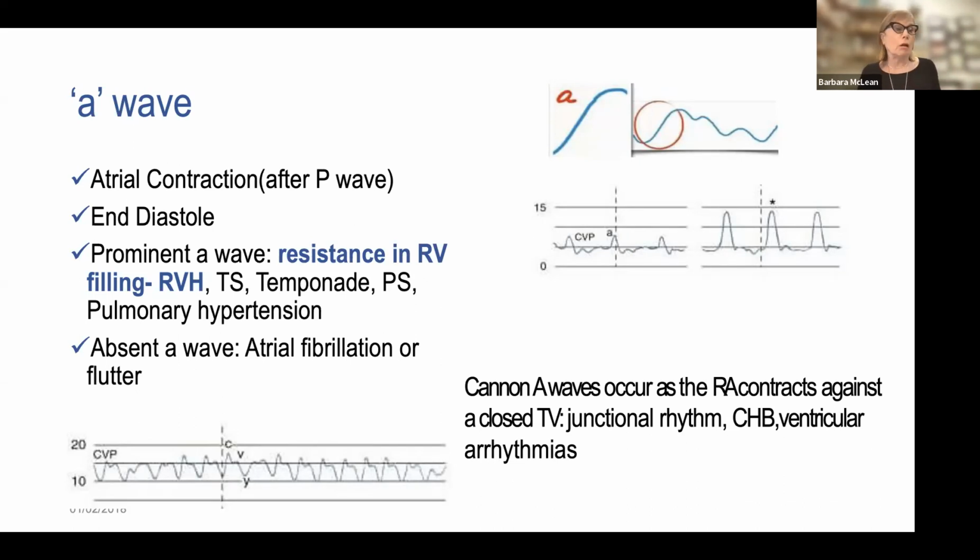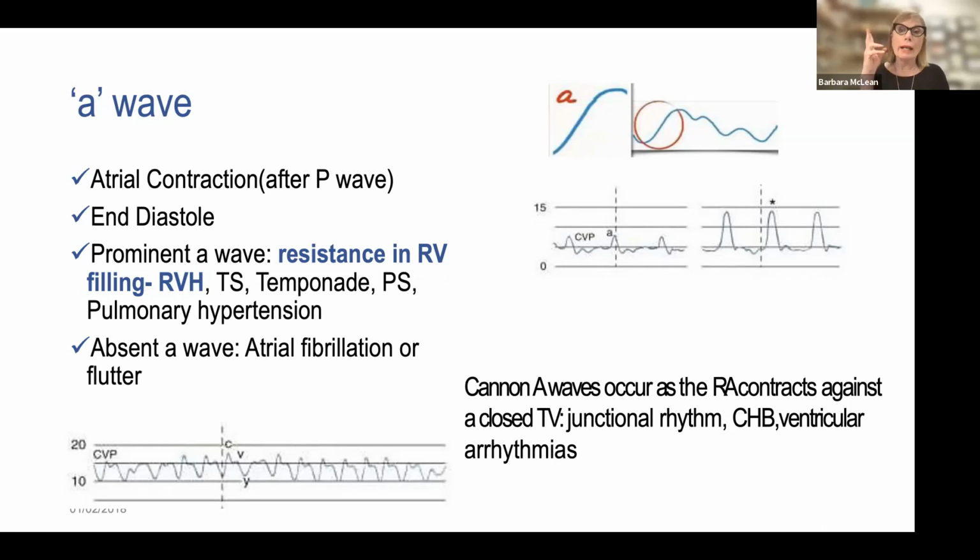Oh, you've got acute onset pulmonary hypertension. Oh my God, I saw it in the CVP. If your patient's in a junctional rhythm, if they're having ventricular dysrhythmias or they're in complete heart block, which means now there's a dissociation, if your atria is contracting against a closed tricuspid valve, you will get something else, and that is known as the cannon A wave.